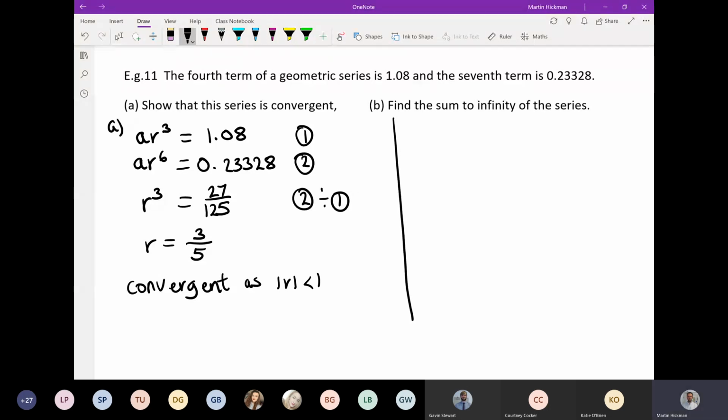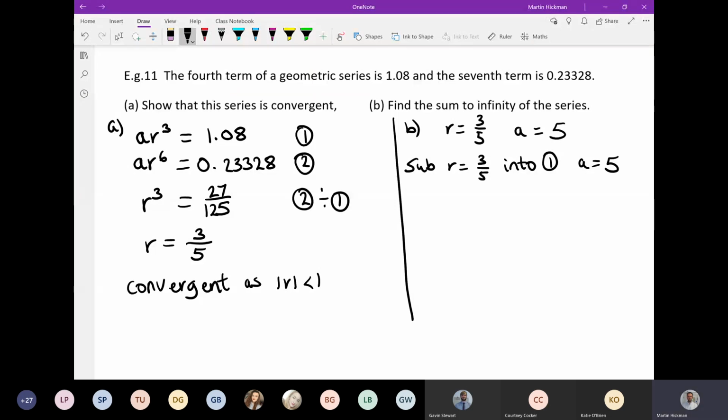So part B, we need to find the sum to infinity. Now we know that r is 3/5, but also what we need to know is our first term a. To do that, we can just simply sub r equals 3/5 into equation 1, and we just get that a is 5.